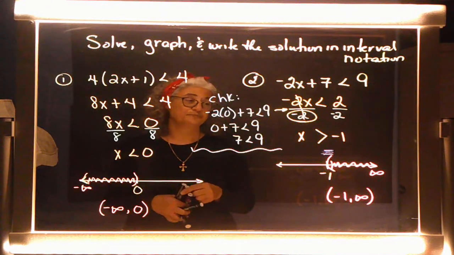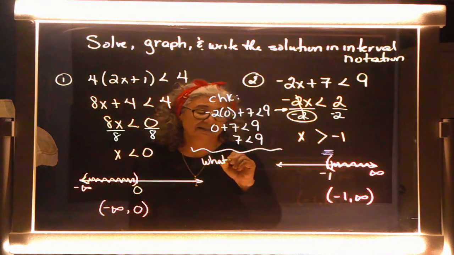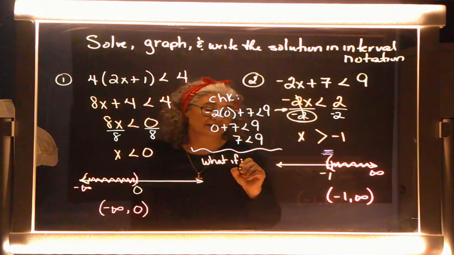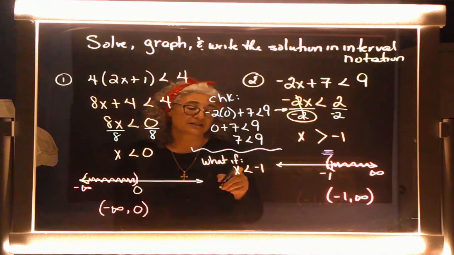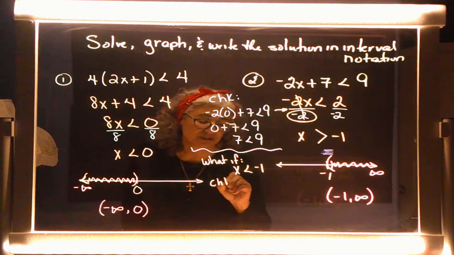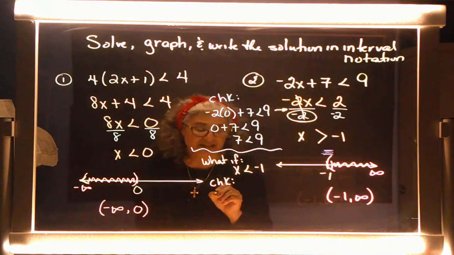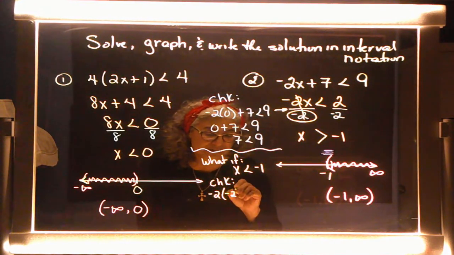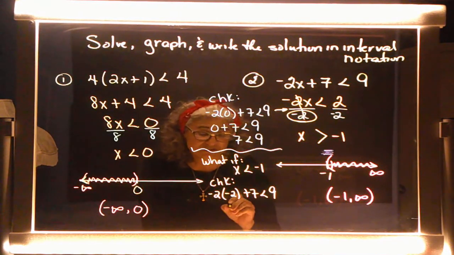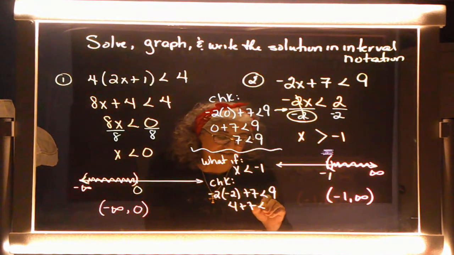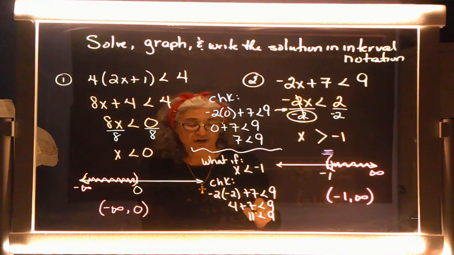Okay. What if you forgot to flip your inequality sign and you left it as x less than -1? Give me a number less than -1. Good, -2. Let's just use -2. So we would have taken -2 times the -2 plus the 7 less than 9, right? -2 times -2, 4 plus 7 less than 9, 11 less than 9. Is that true? No, it's not.